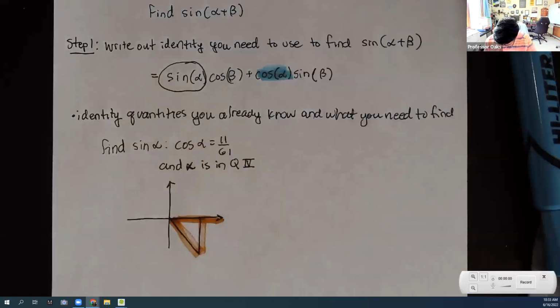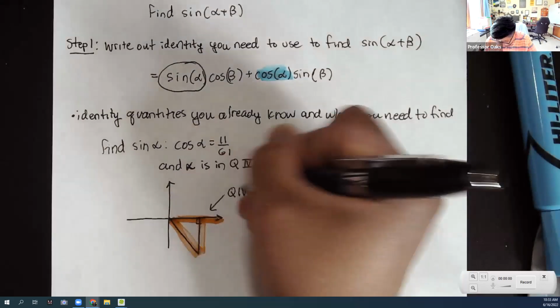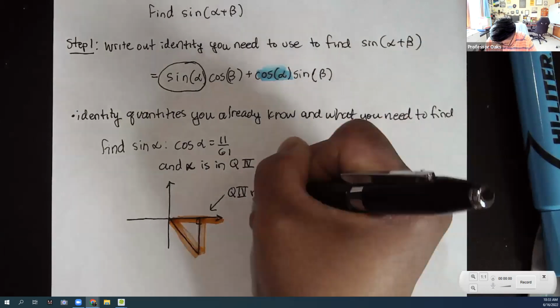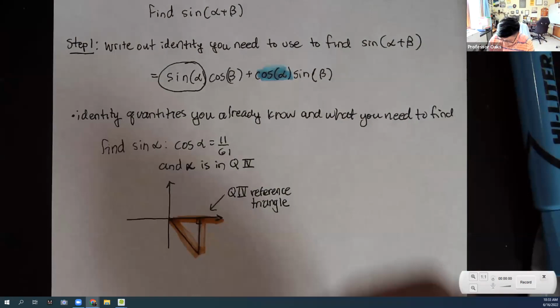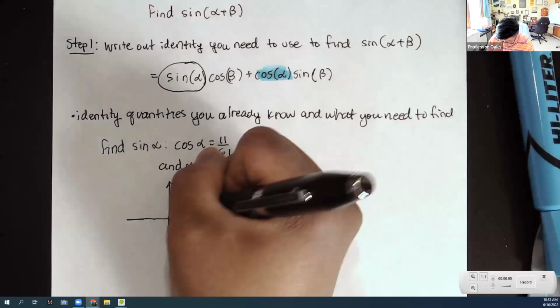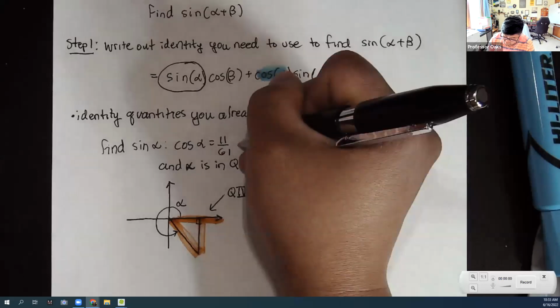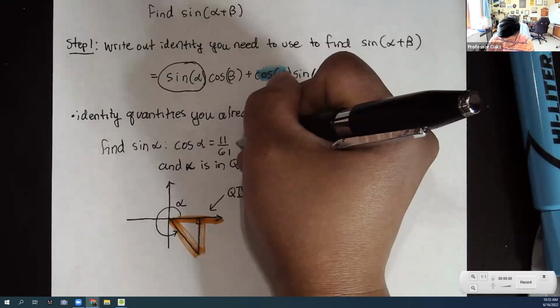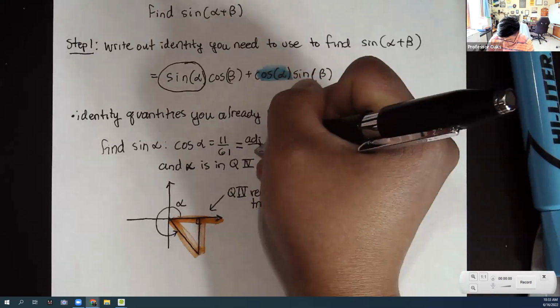Quadrant 4 reference triangle. And what you know is that this will be the alpha, and cosine of alpha is 11 over 61. So we're still going to go back to adjacent over the hypotenuse.